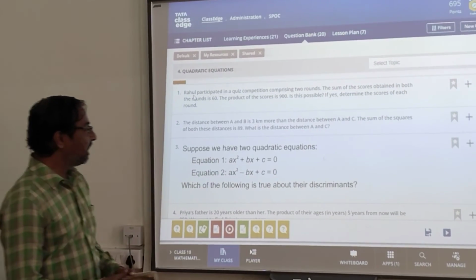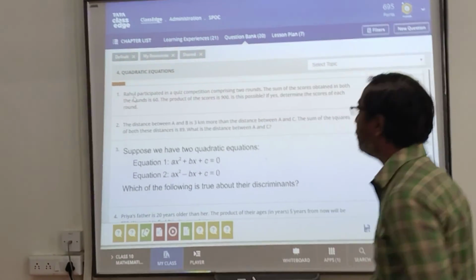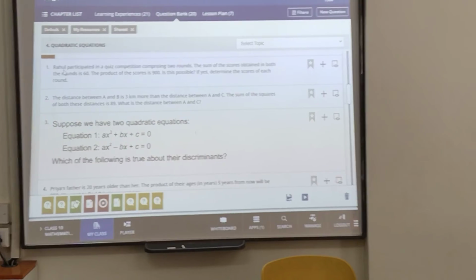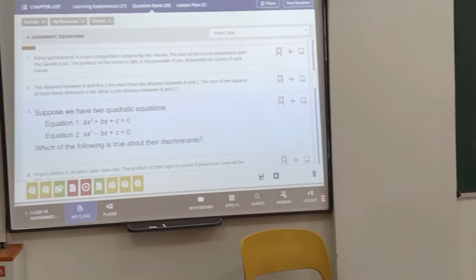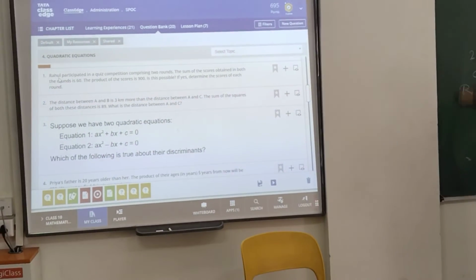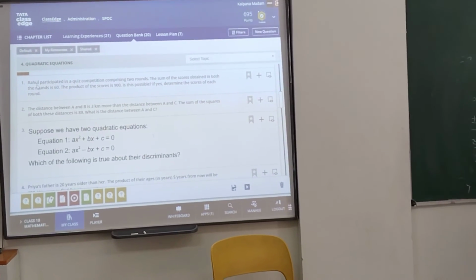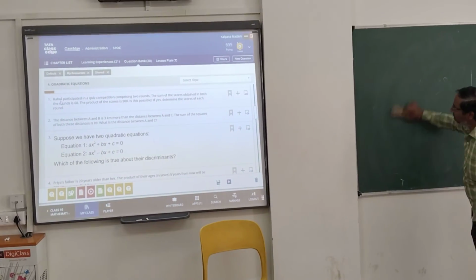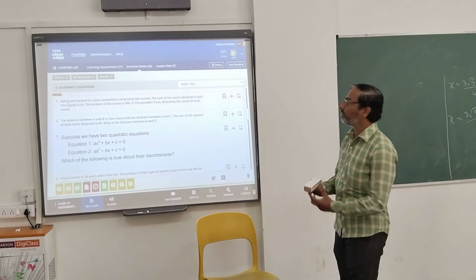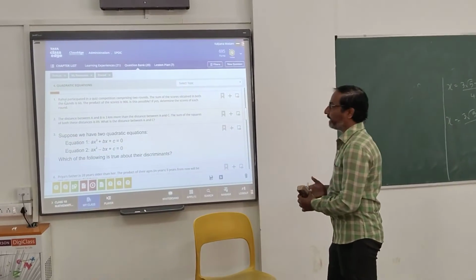So let's see first. Rahul participated in a quiz competition. It consists of 2 rounds, and the sum of the scores obtained in both the rounds is 60. In both the rounds, it is 60 only, and the product of the scores is 900.